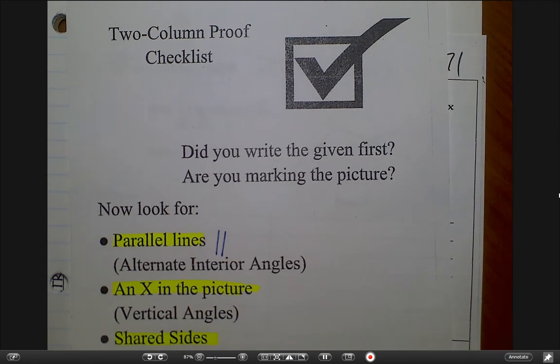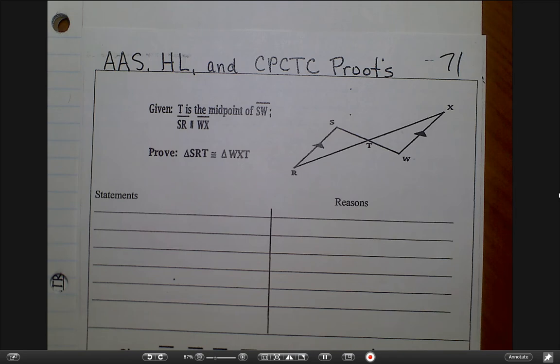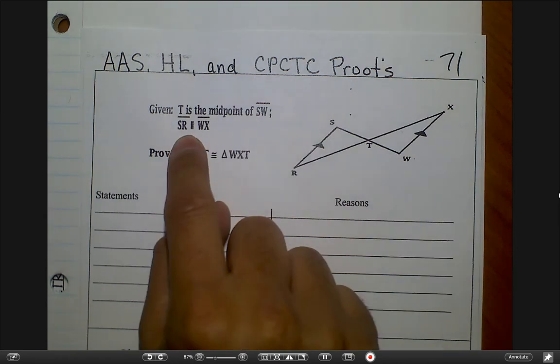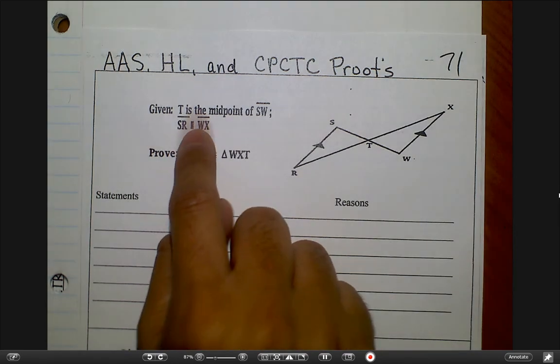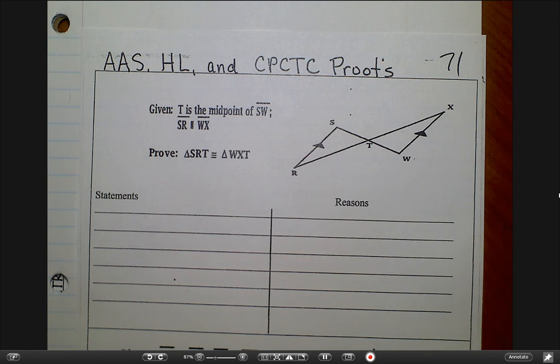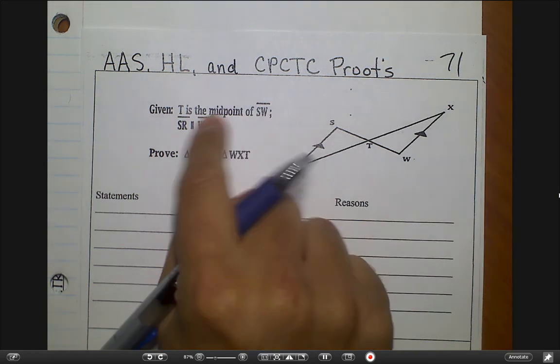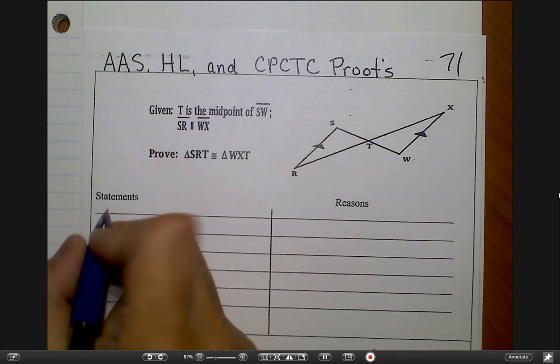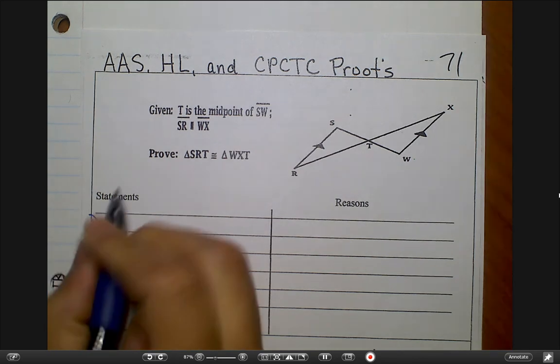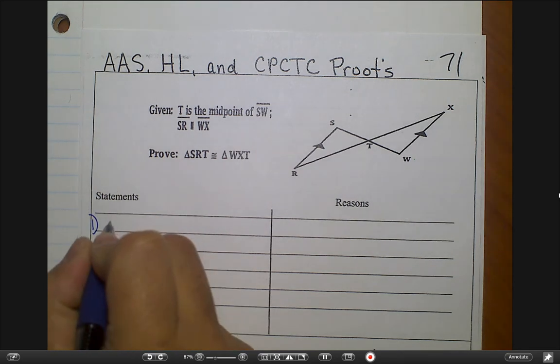First thing, parallel lines. In this one right here, do I have parallel lines? Yes? Okay, it's right here. It's part of my given, isn't it? So that's going to be the first thing that I'm going to look at. For one, I'm going to write out my first given.